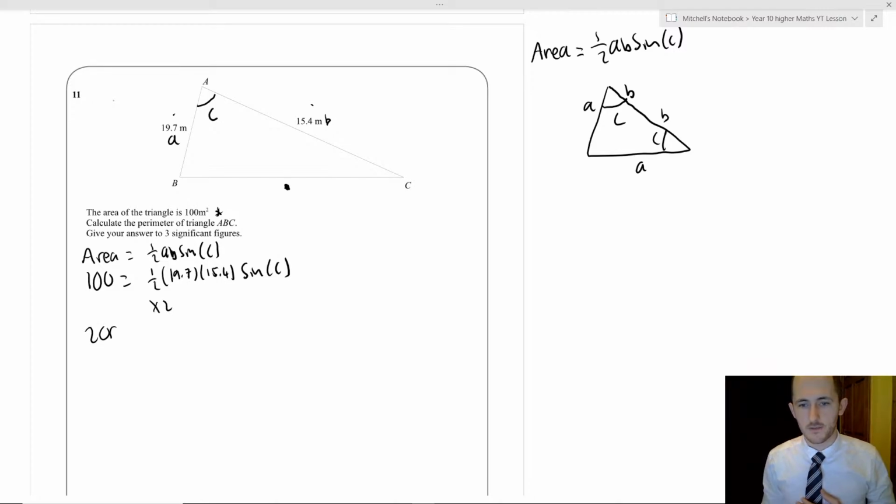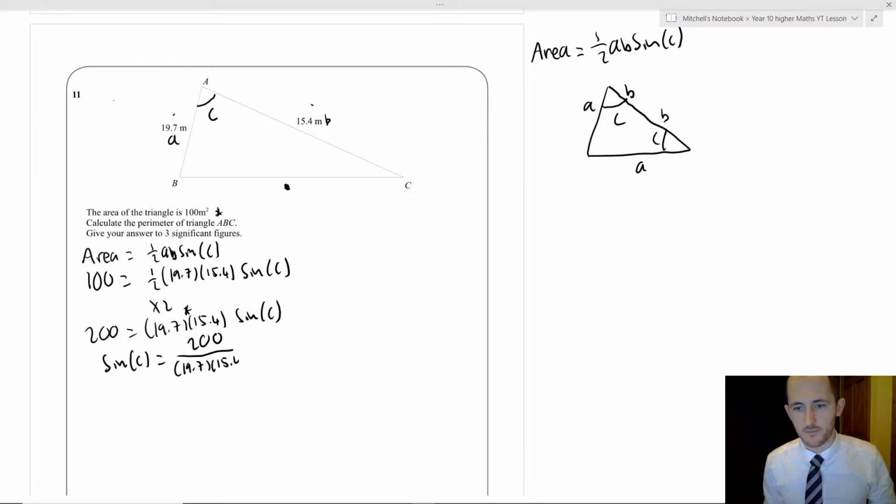I get 200 equals 19.7 times 15.4 sine C. So if I rearrange this, I get sine C. If I divide both sides by these brackets here, I get 200 over 19.7 times 15.4. Okay, and then C is going to equal whatever I say it does. All okay with that?